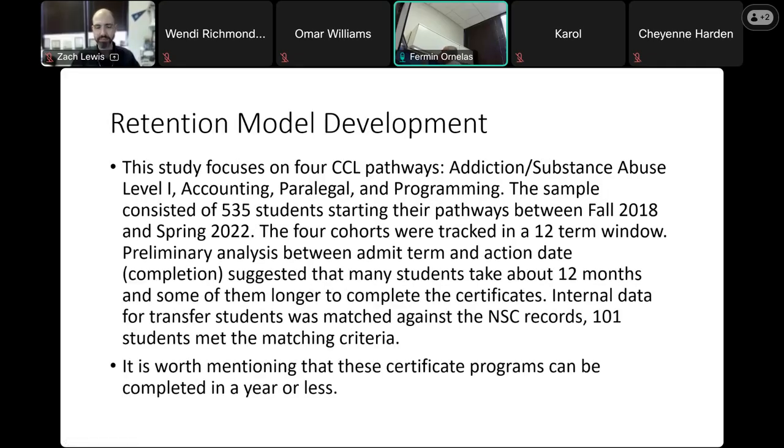So basically, the whole sample was 535 students, and it was focused on 4 certificates: addiction substance abuse, accounting, paralegal, and programming. The window we selected was for people that began the certificate programs between fall 2018 and spring 2022.